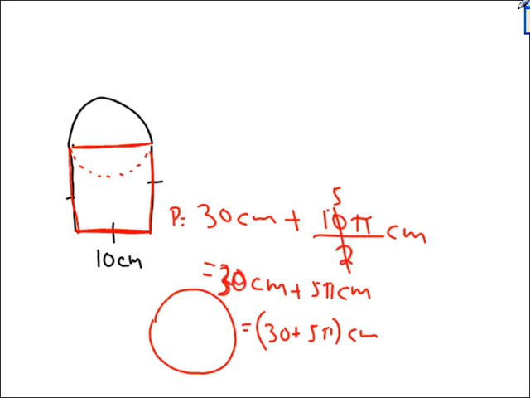Just like x's and y's and 7s and 15s and 11s and -4s, you can factor out units. 30 plus 5 pi centimeters. This is a little bit more than 15. 3.14 times 5 is 15.70 plus 30.